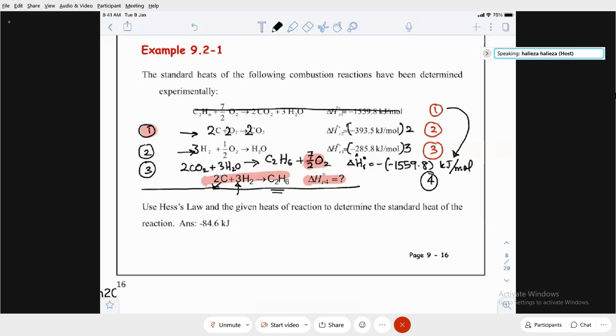I multiply the second equation by 3. So that's 3 here. Now this part, if I multiply by 3, what happened? 3 over 2, isn't it? So it would be 6 over 2. Should it be 3 over 2?